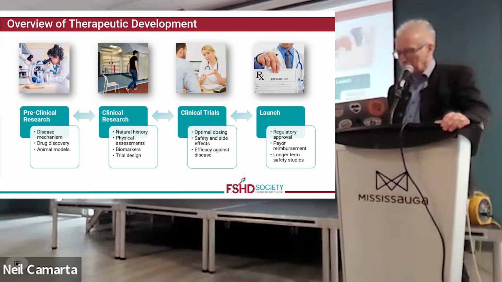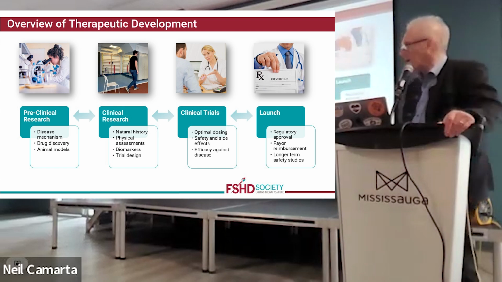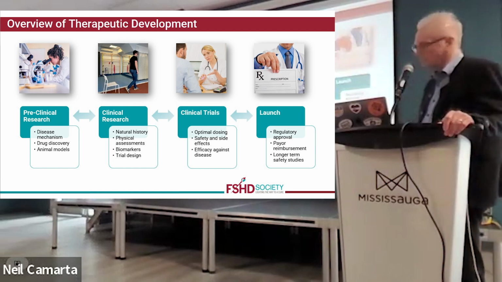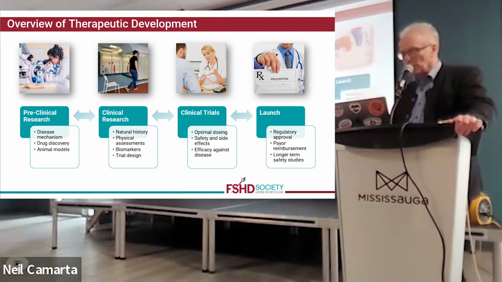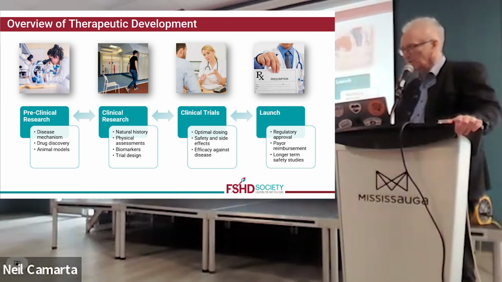But let's take a step back. So what phases do we know for clinical research? Well, there's the preclinical research where labs are involved that look at the disease mechanism and animal models, etc. Then it goes into clinical research, and that's not always starting necessarily with giving people a drug.